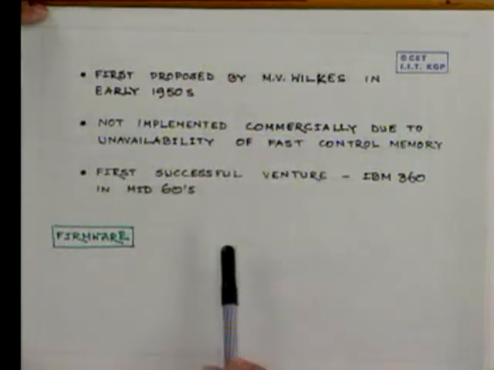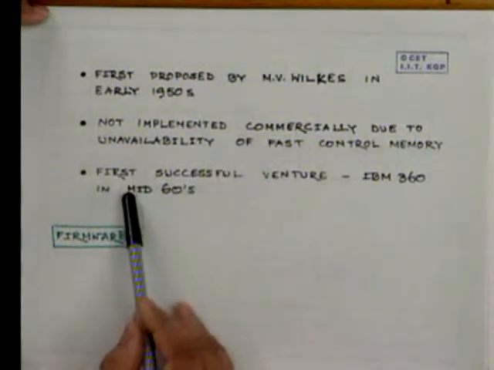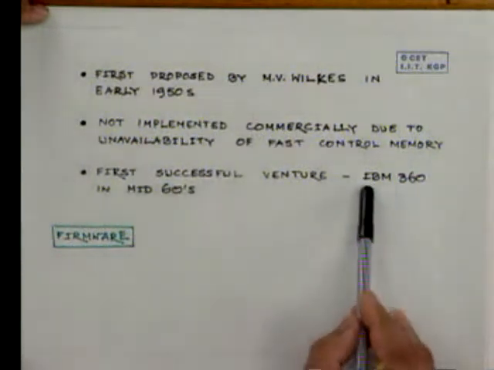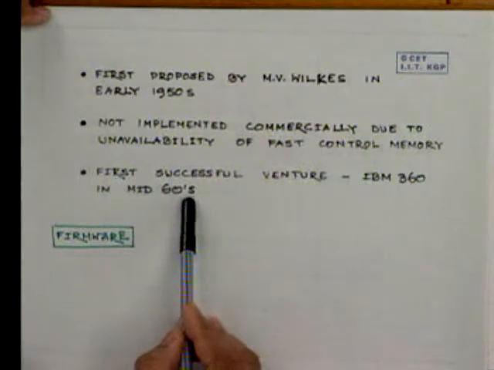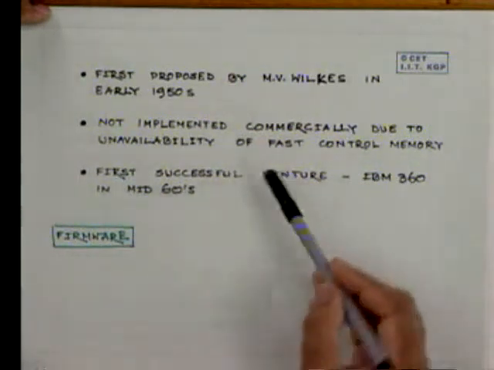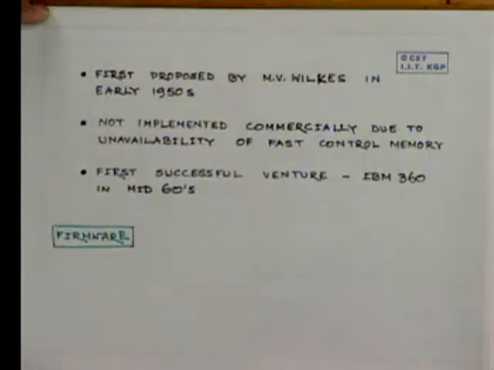Therefore, though the idea was very promising, the implementation was not there till IBM announced the IBM 360, a very successful machine in the mid 60s. Since then, the microprogram control unit turned out to be very popular, and many machines, including very modern machines of today, use microprogram control memory.